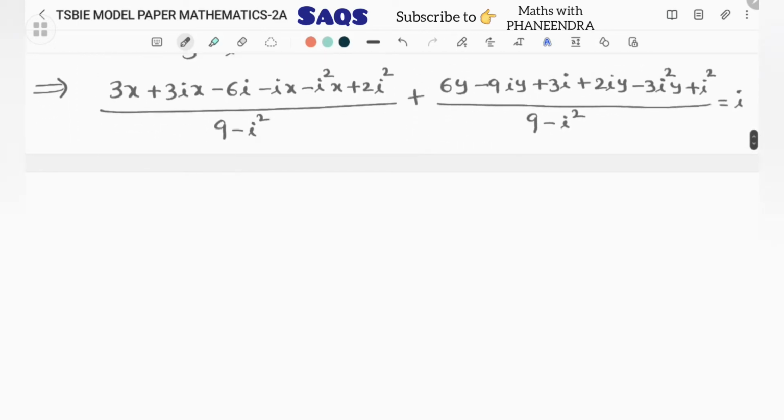Wherever i squared is there, you have to replace it with minus 1. i squared is equal to minus 1.